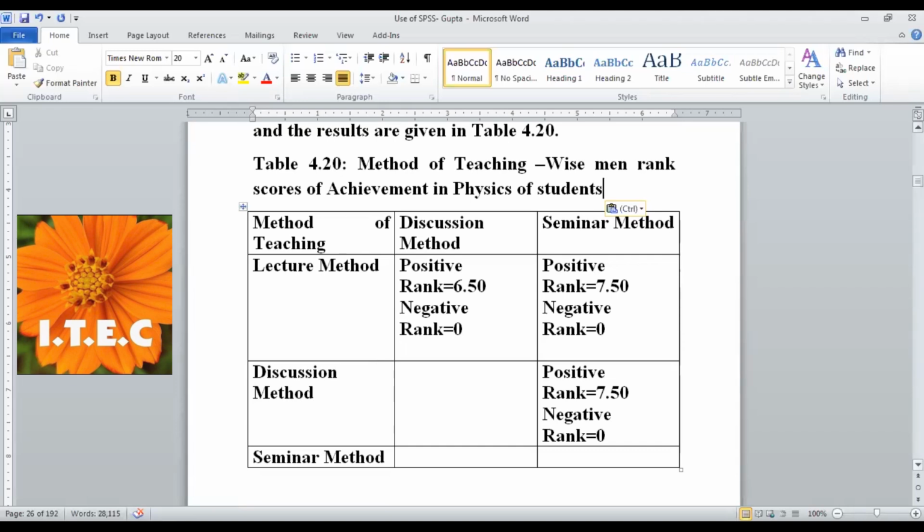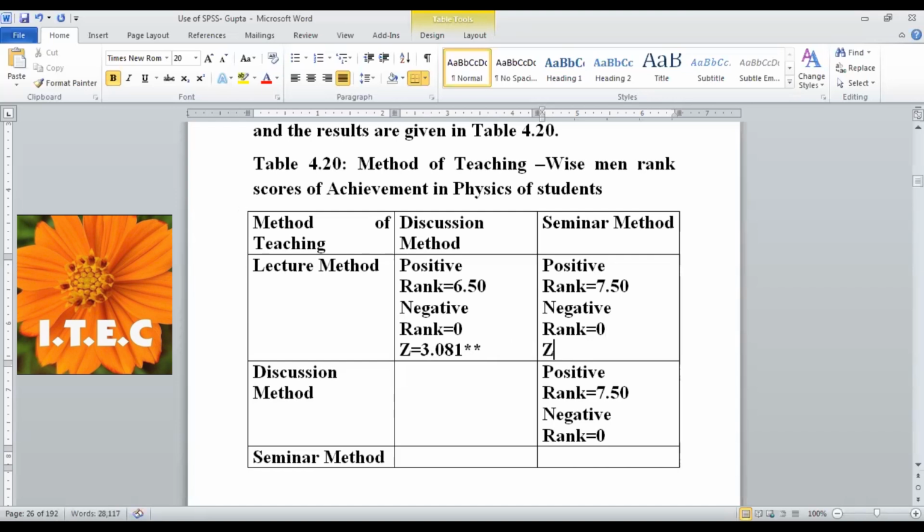And my dear friends, I have to write the Z value also. I can write the Z value, that is 3.081, and it is significant at 0.01 level.